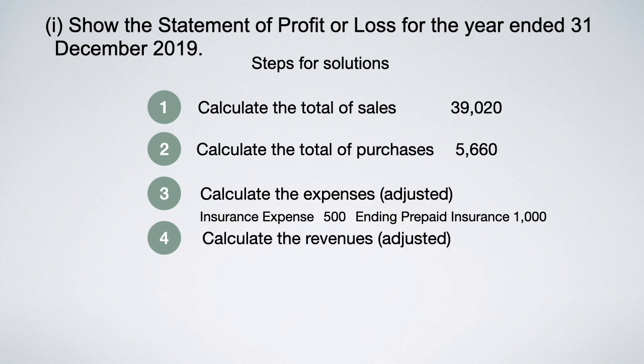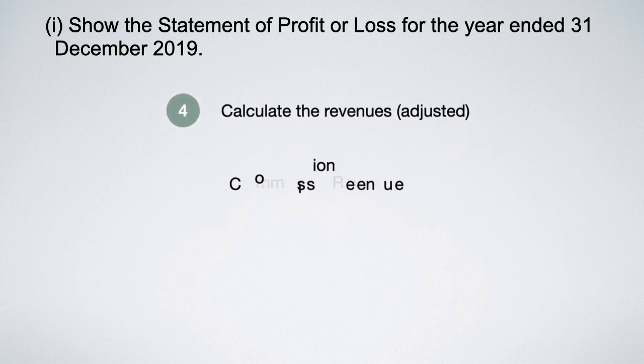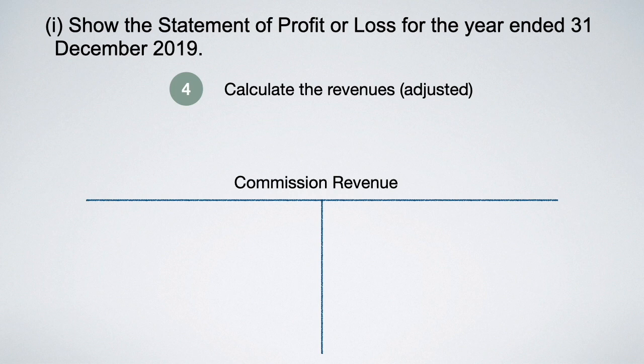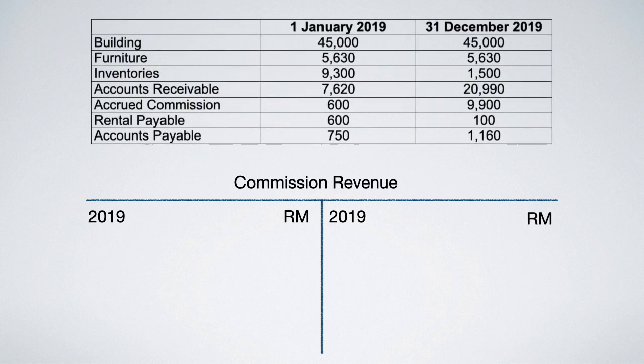Okay, now number 4. What is that? So we need to calculate the revenue adjusted. Apa revenue yang ada dalam soalan ini? We have commission revenue. Okay. Now to get the clear information, untuk dapat pasal commission revenue, kita buat accounting for commission revenue. So kita akan ambil nombor tu daripada first kita tengok dekat beginning information. You lihat dekat beginning information tu kita ada accrued commission.